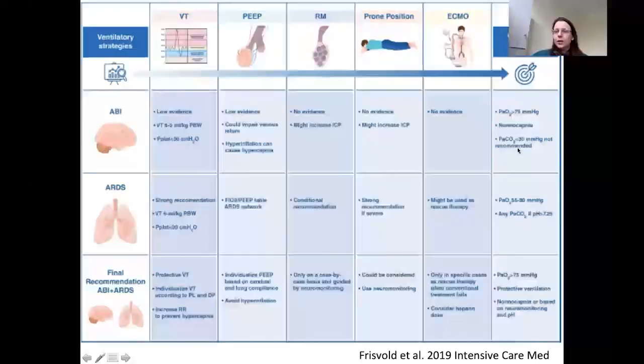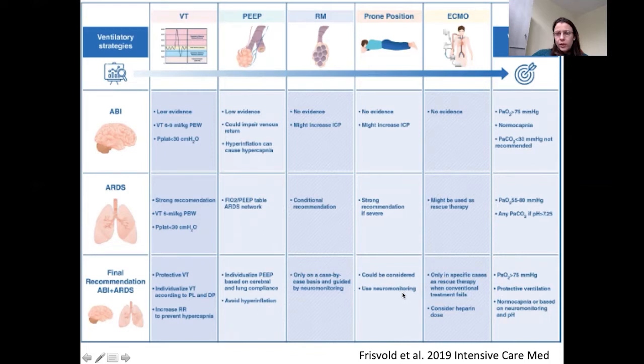Even the respiratory targets, like the oxygenation targets, are not really going in the same direction. For example, for ARDS, 55 to 80 millimeters of mercury of oxygen is probably enough. But if you have an acute brain injury, probably you have to keep your oxygenation higher than this.